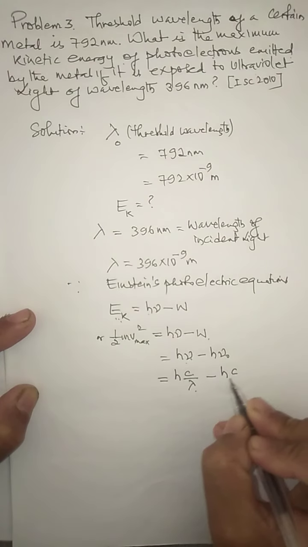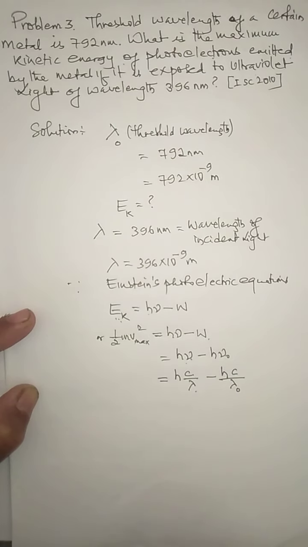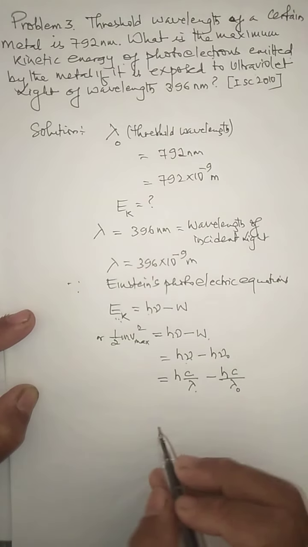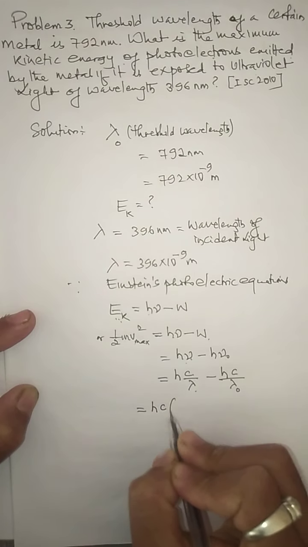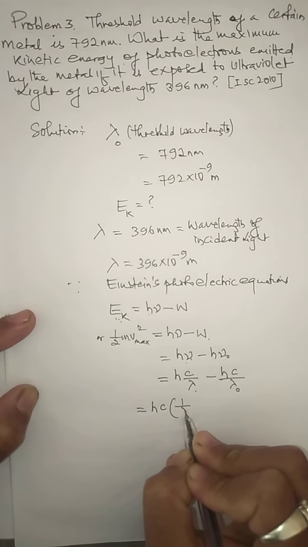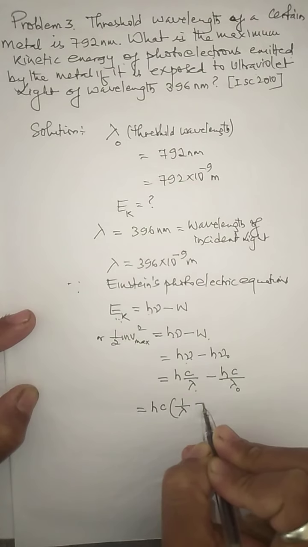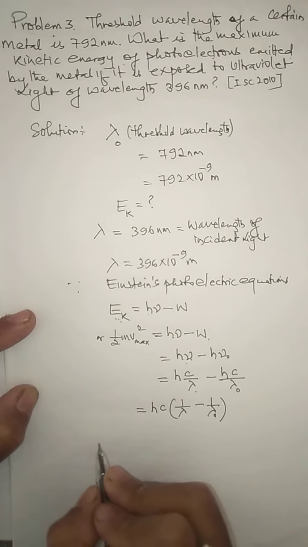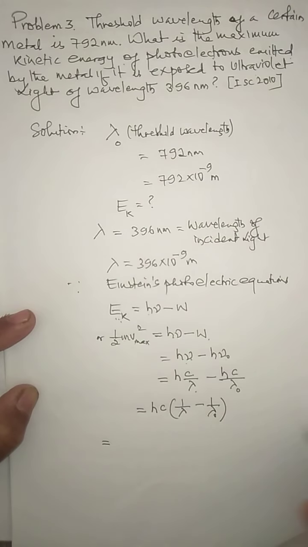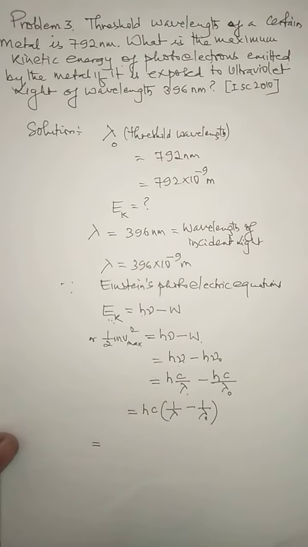In this relation we can substitute the values, or we can take common. h c is constant, so I will write inside the bracket 1 by lambda minus 1 by lambda naught. So we need to calculate this factor only, which gives the kinetic energy.